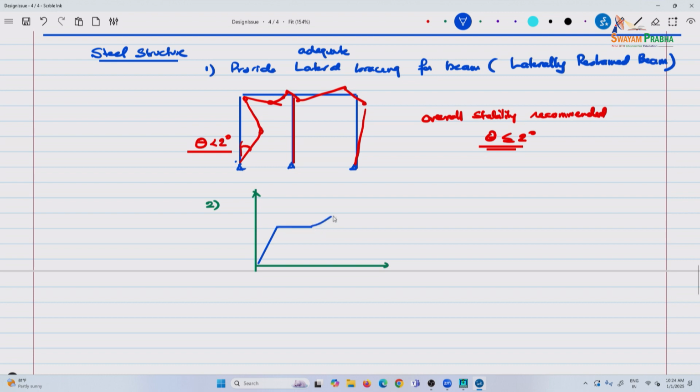Suppose you can apply the dynamic, although the dynamic increase factors do push it up, but the peak is still considered for design purposes. This is the dynamic stress strain curve, and this is the static stress strain curve.